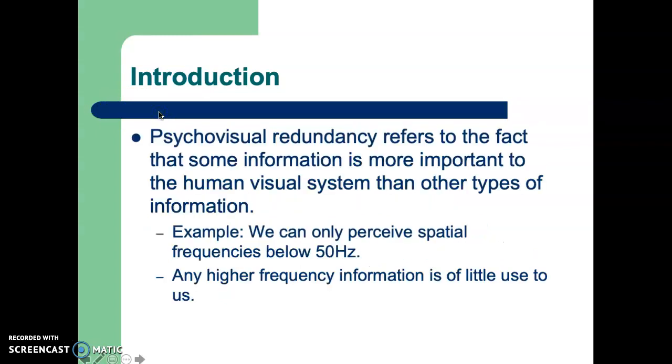The last one is psychovisual redundancy, which refers to the fact that some information is more important to the human visual system than other types of information. For example, we only perceive spatial frequency below 50 Hz. Any higher frequency information is of little use to us, so your image has no need to have more than 50 Hz.